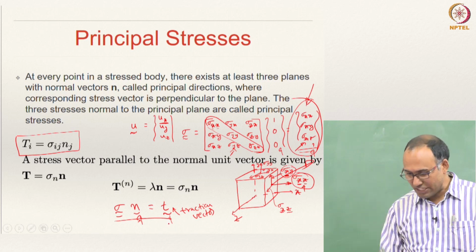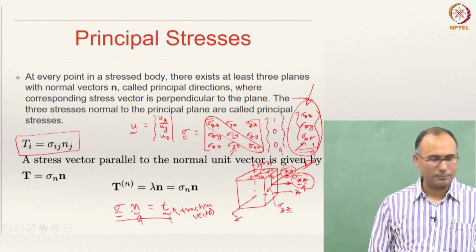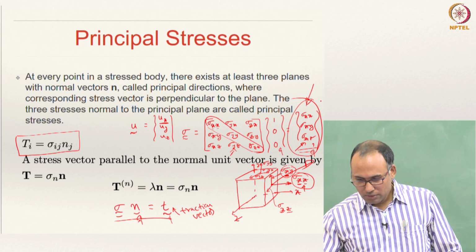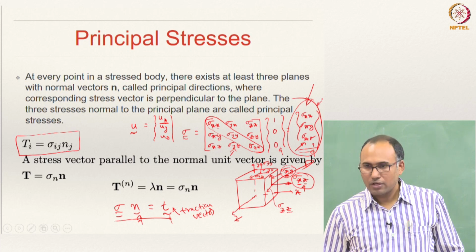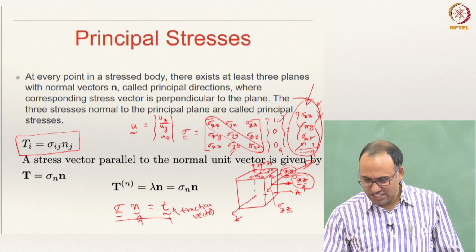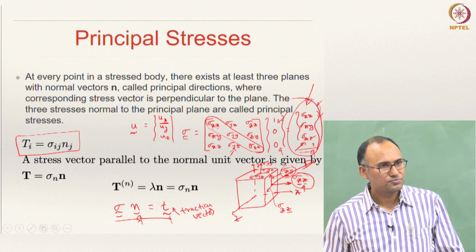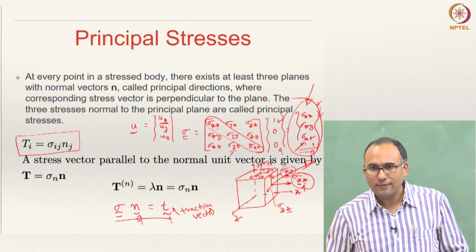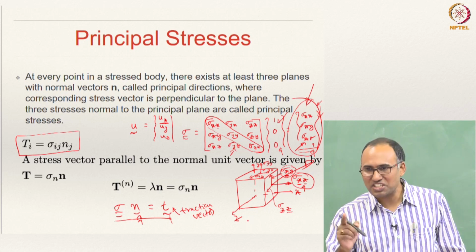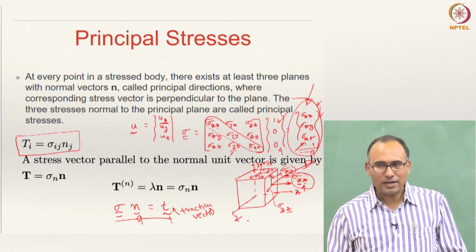What if the direction of t and n are the same? Under what conditions will the direction of this be the same as this? When sigma xy and sigma xz are 0, when the shear stresses are 0, right?